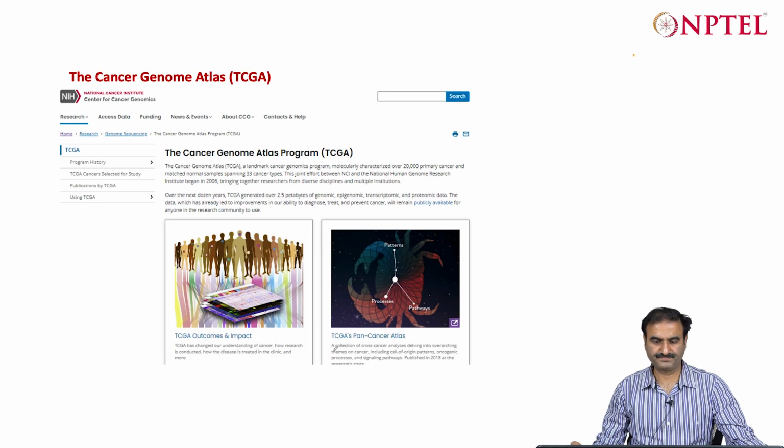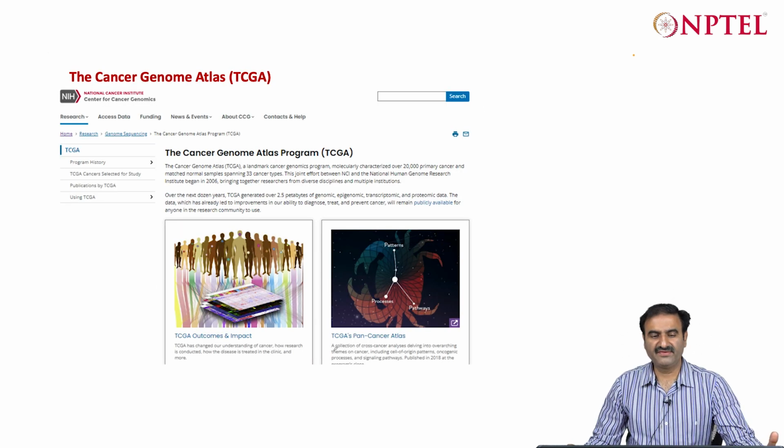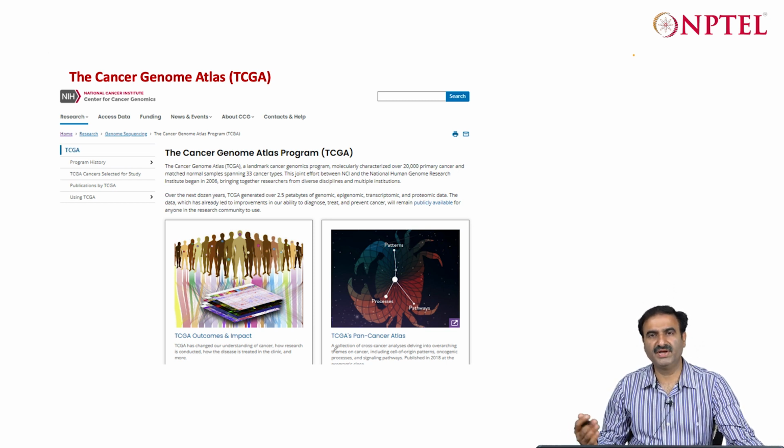Similarly, for cancer, there is the Cancer Genome Atlas. There are so many types of cancer, and it also varies according to age, lifestyle, and population.